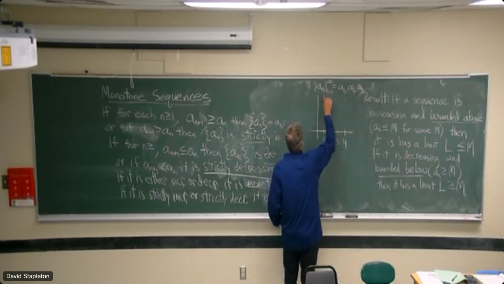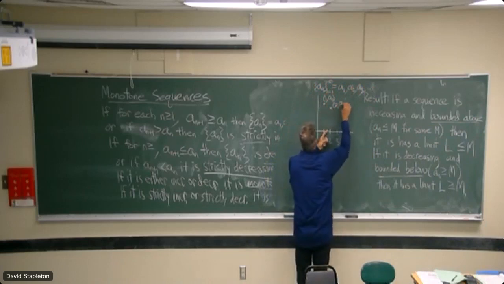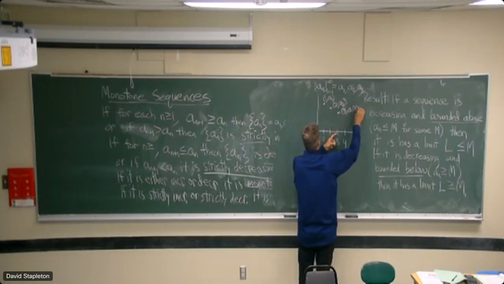We can plot the points: 1 with a_1, 2 with a_2, 3 with a_3, and so on. It really is a discrete function.